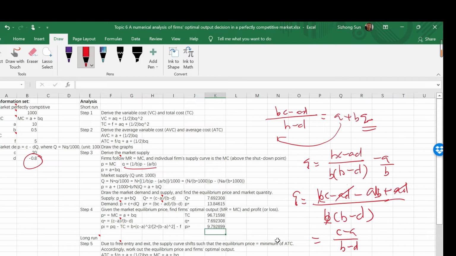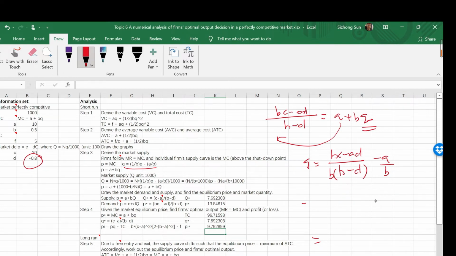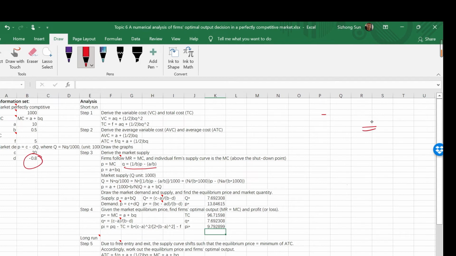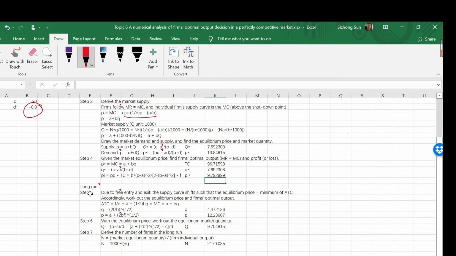All right, so this is what happens in the short run. In the long run, due to free entry and exit, because every firm earns zero profit here, there will be more firms entering the market.